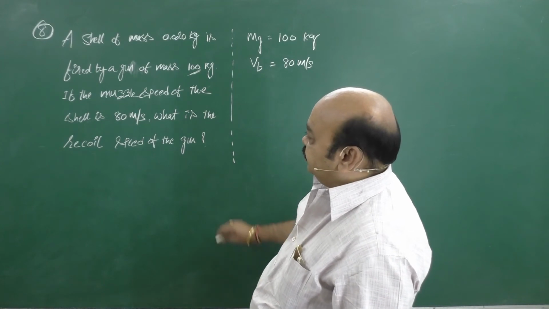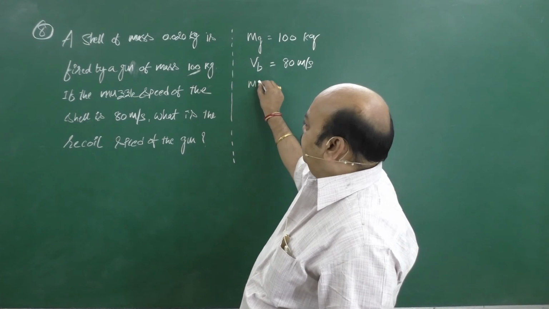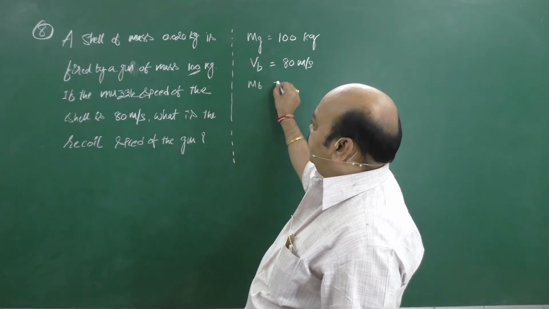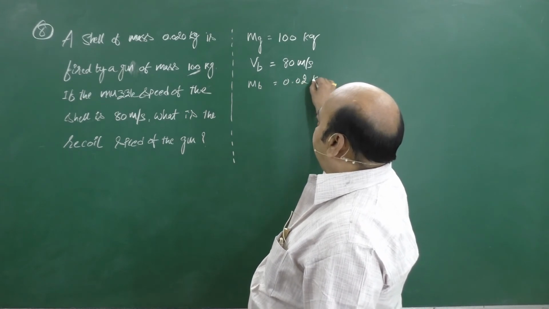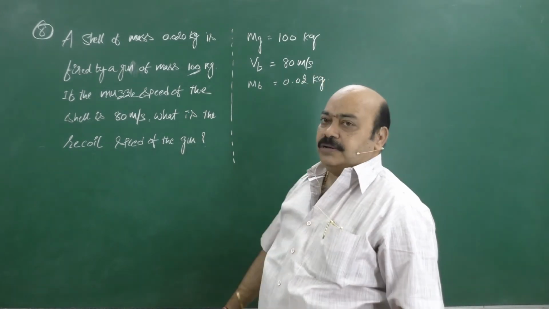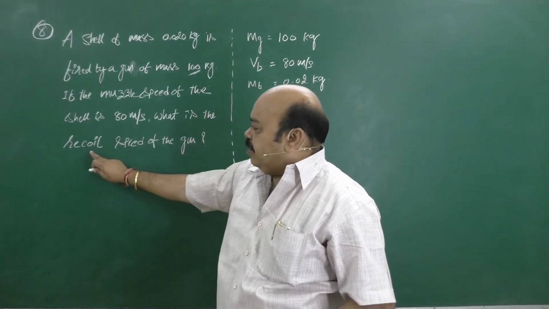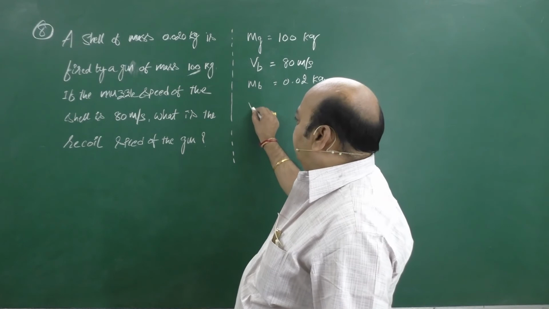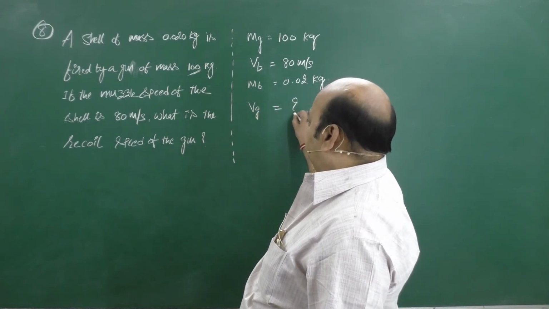Of course, the mass of the shell, that means mass of the bullet, is given as 0.02 kg. What we have to find out is the recoil speed of the gun, nothing but velocity of the gun is equal to question mark.